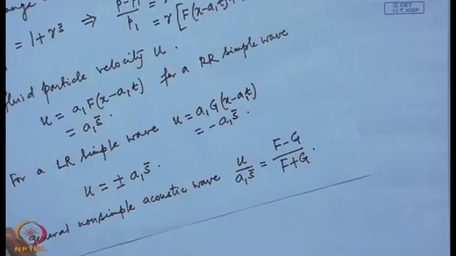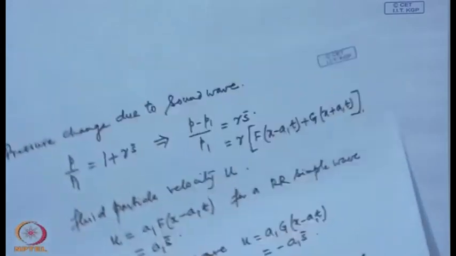When the disturbances are vanishingly small, we can express these perturbation quantities in terms of differentials, where the particle velocity u and the condensation parameter s bar can be replaced by du and d rho by rho 1 for vanishingly small disturbance.